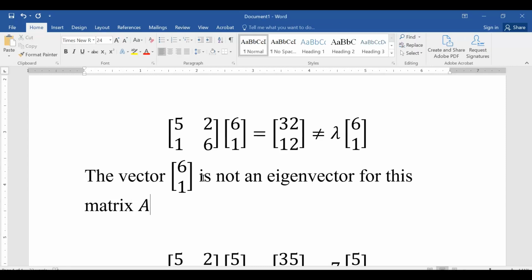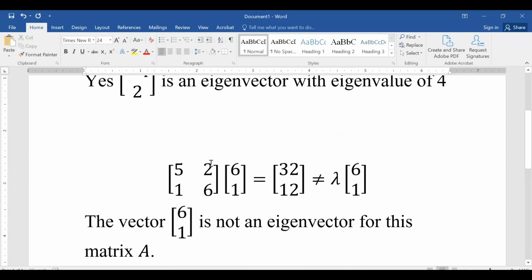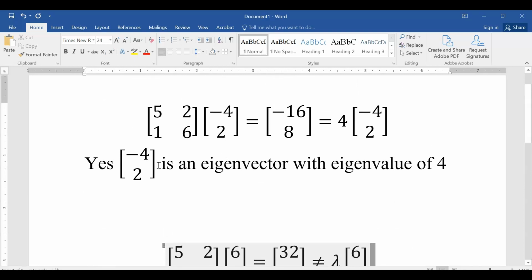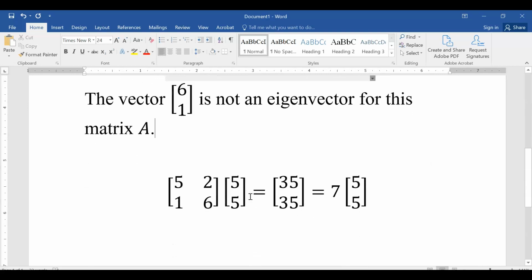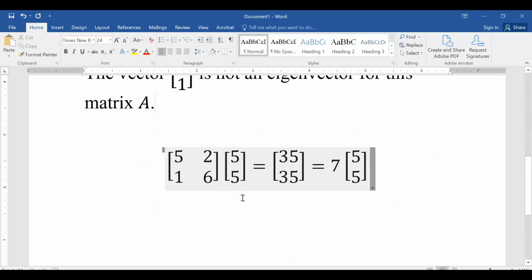All right. By the way, again, the other one, yes, negative 4, 2 was an eigenvector with eigenvalue of 4. That's what we would have said. How about this? Well, when you multiply my matrix A times 5, 5, I get 35, 35, which is just 7 multiplied times 5, 5.